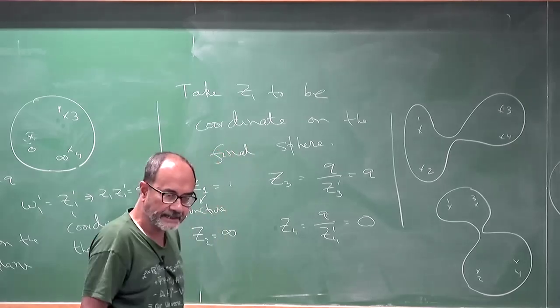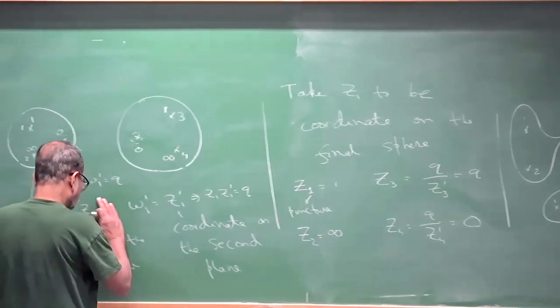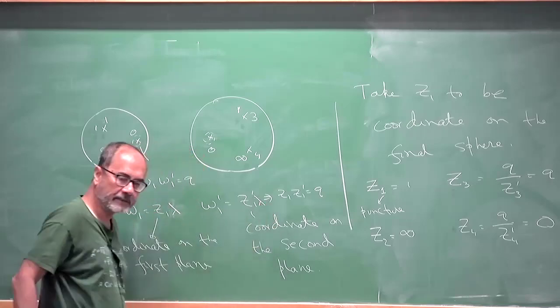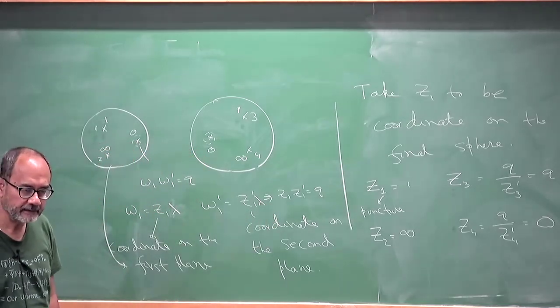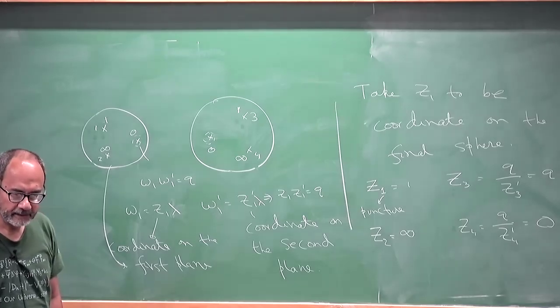But that's an accident. We could have taken the local coordinate, right? Instead of using this, we could have used W1 equal to Z1 over lambda or lambda Z1 for some arbitrary constant lambda. Then everything will scale, right? Then Q goes to 1 is the regular point.